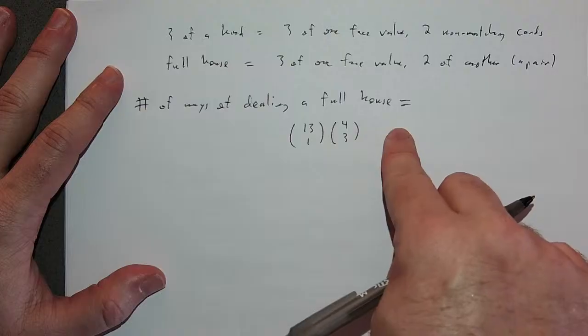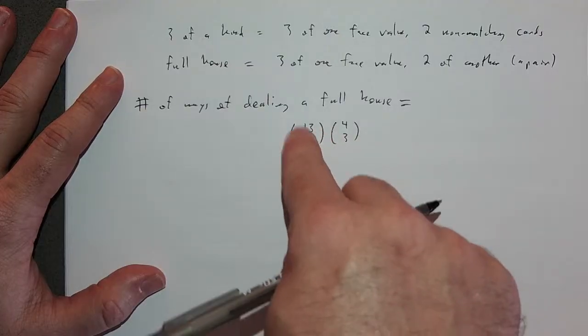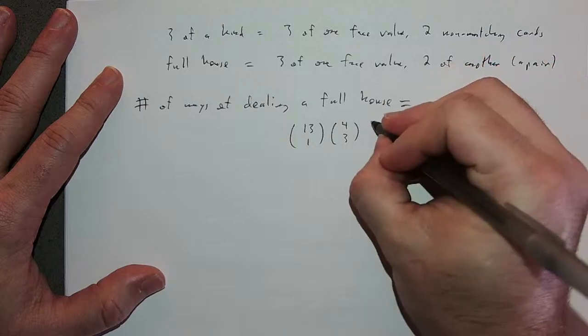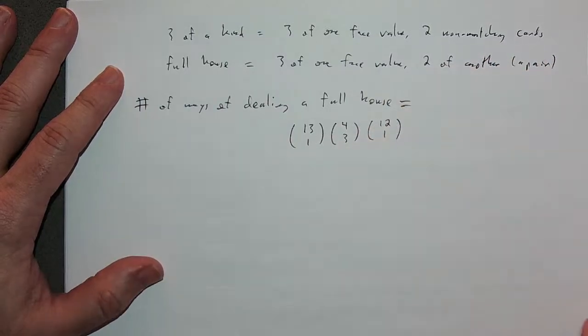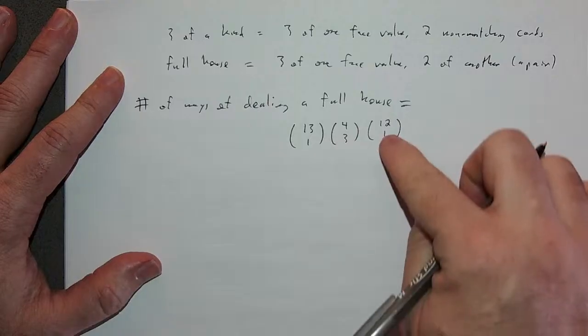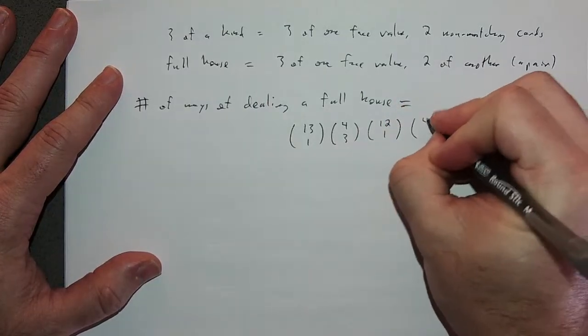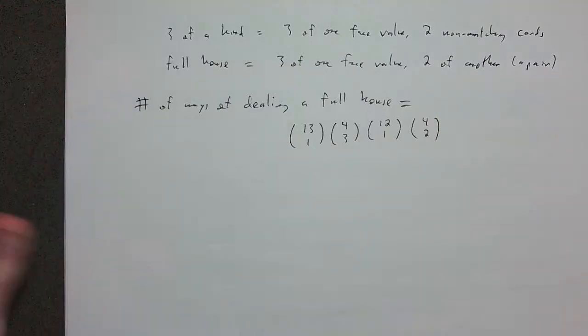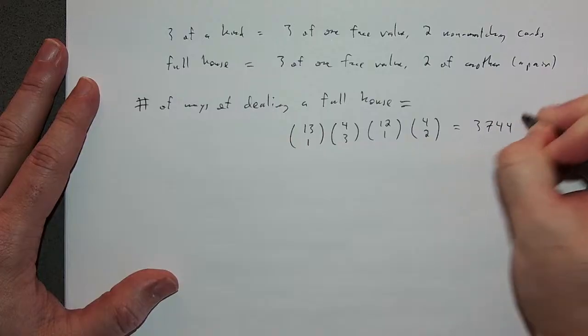Then, for the remaining 2 cards, we need to choose any of the remaining 12 cards here that are not the card first chosen. And then I need to choose 2 from those 4 cards. So this is 3,744.